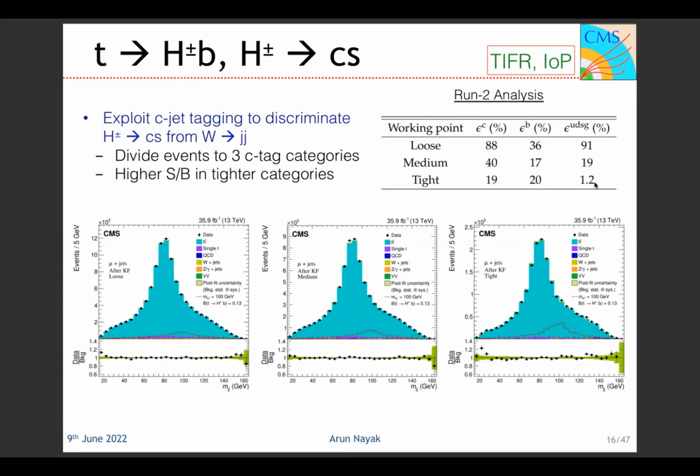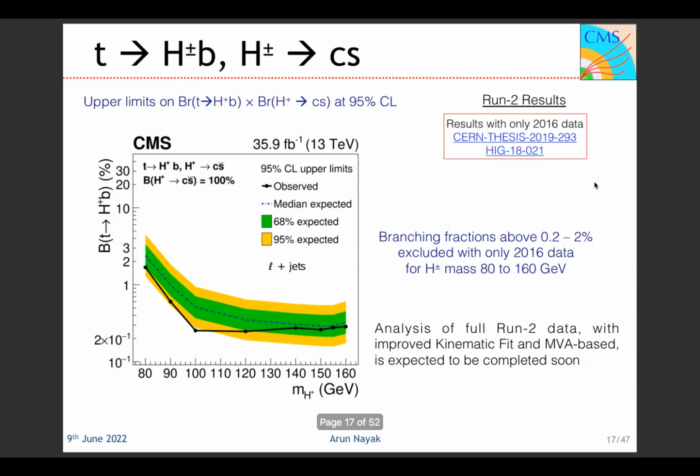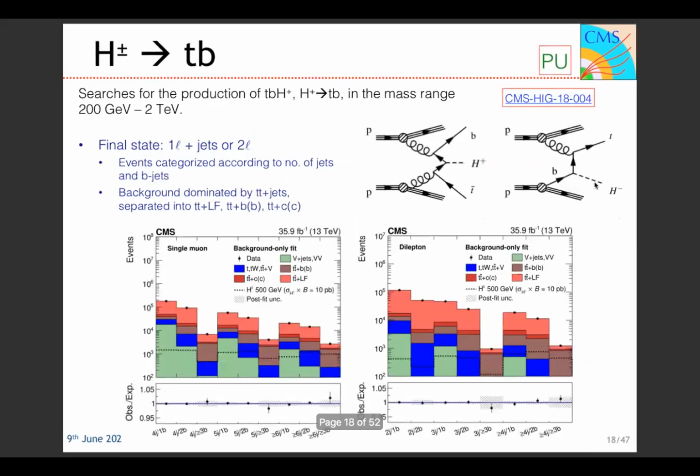Of course, I was always part of this, but two students were the leaders in this analysis. There is another one, tb. I'm not exactly sure how much contribution, but there are people from Punjab who have contributed to this analysis.